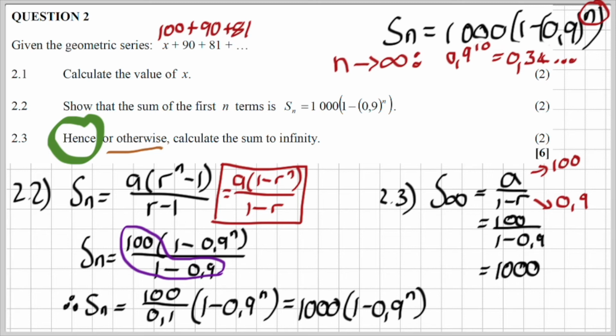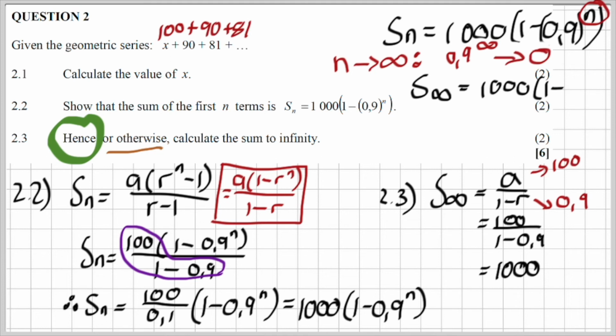Slowly but surely, as n gets bigger and bigger, as that n goes towards infinity, this 0.9 to the n tends to go to the number 0. So in other words, S infinity is going to go towards 1 minus 0.